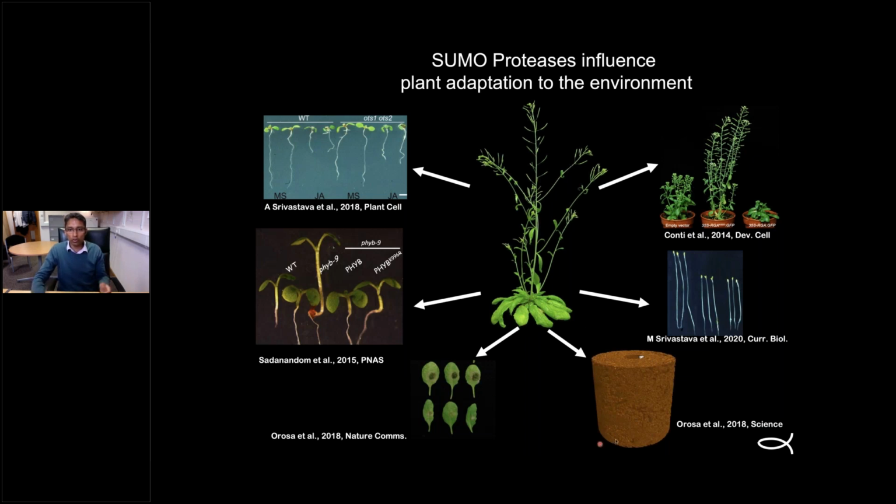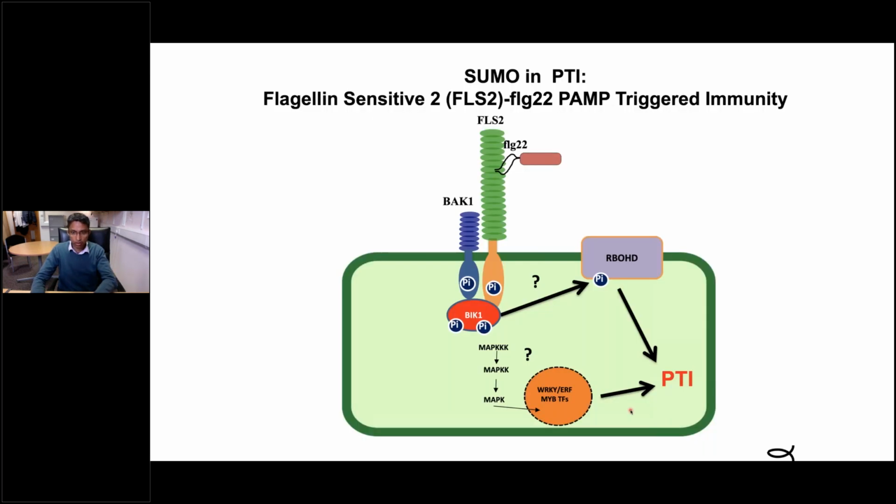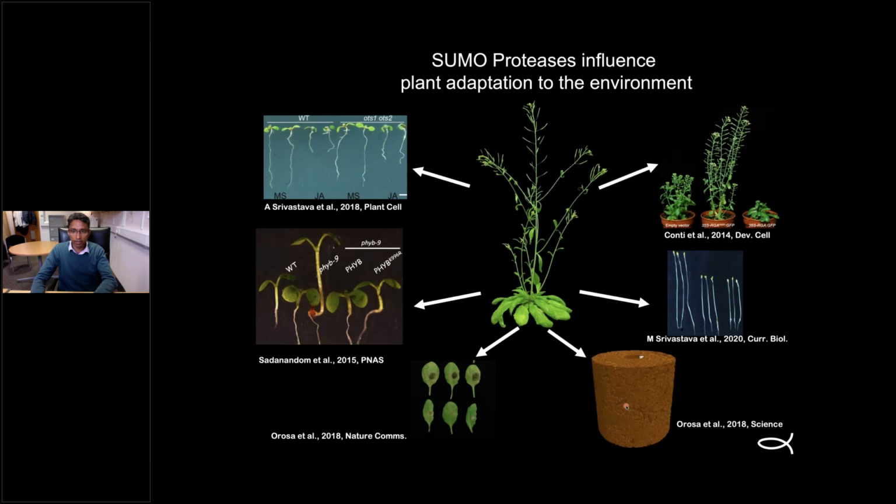We've shown, for example, that the SUMO protease, in this case OTS1, has a very specific role in, for example, root patterning. Unfortunately, that video is not running, which I can't seem to understand why.